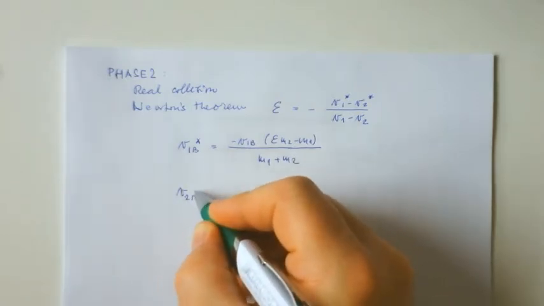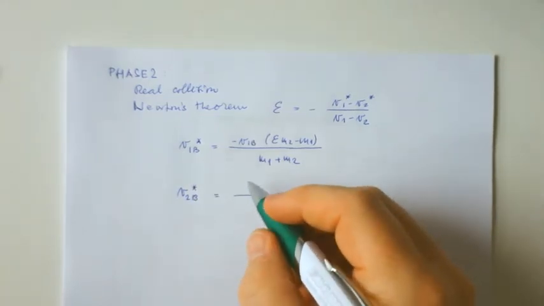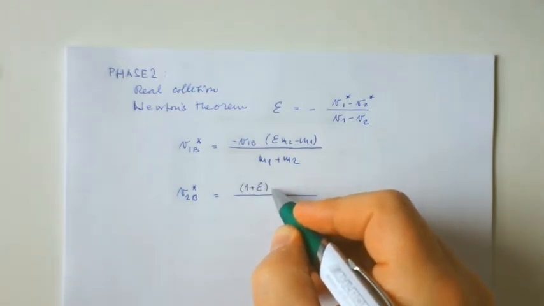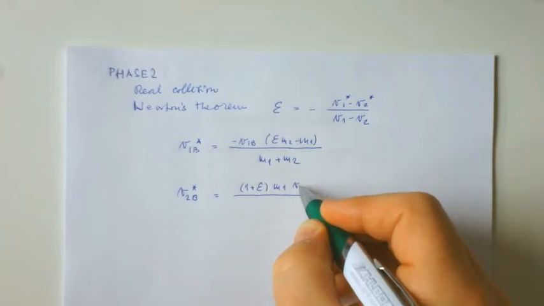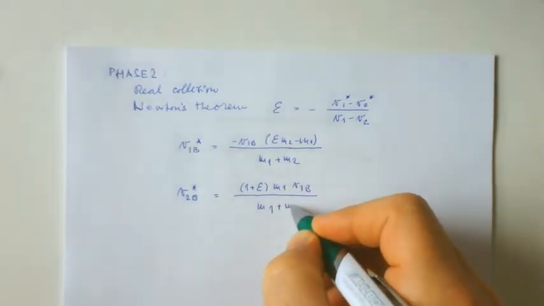Similarly, v2 at place B after collision is (1 plus epsilon) m1 v1B over (m1 plus m2).